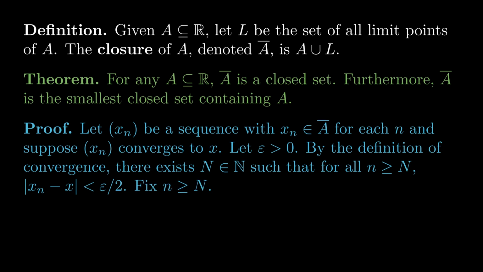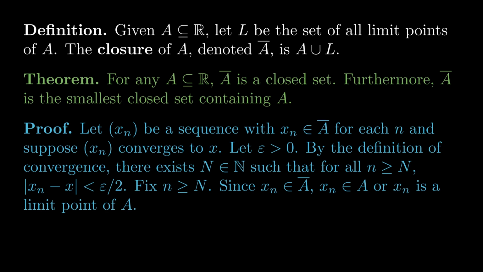Now let's just fix any index n greater than or equal to big N. Since x sub n belongs to the closure of A, x sub n is either in A or is a limit point of A, meaning for any epsilon window around x sub n, we can find an element of A contained in that window. And I'll choose the size of that window to be epsilon over 2.